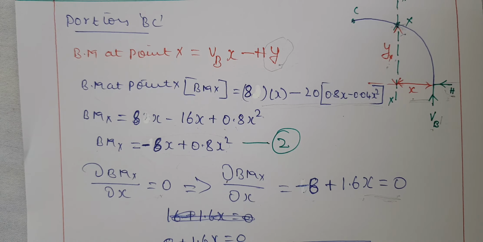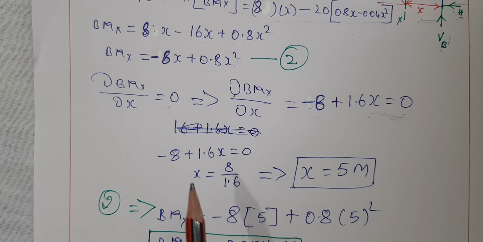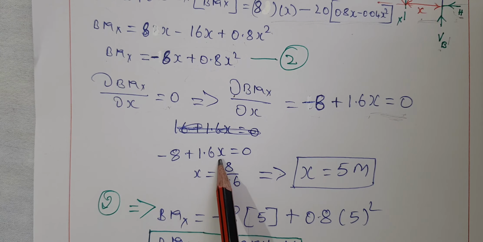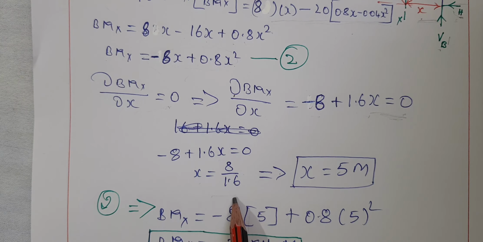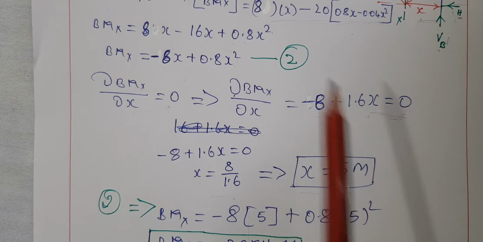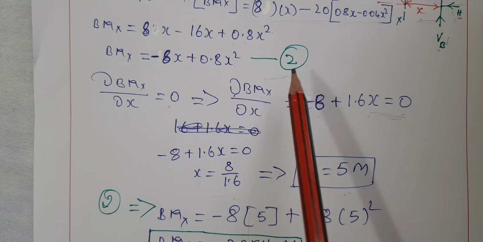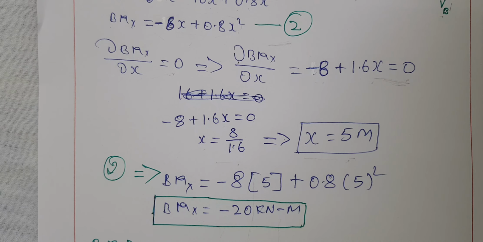From this equation I can easily find out the x value. Minus 8 plus 1.6x equal to 0, so x value will be 8 by 1.6, that is equal to 5 meters. Substitute this 5 meters in equation 2, then you come to know the maximum bending moment acting at point X. So that X is exactly at a distance of 5 meter from the right.